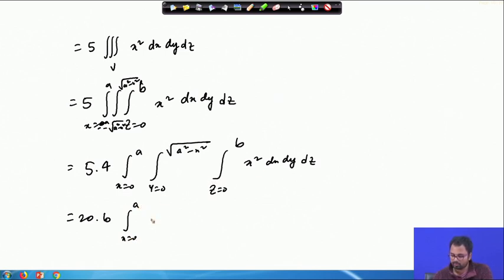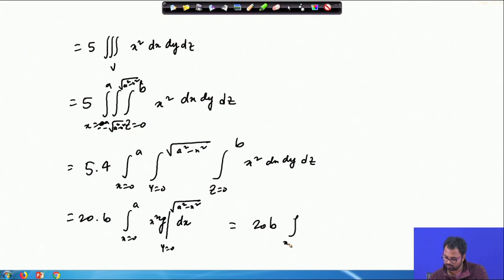If we integrate with respect to y, then this will be x square y, times dx, and then y is varying from 0 to square root of a square minus x square, right, and then this will be 20 b times the integral x running from 0 to a of x square times square root of a square minus x square, and then the second limit is 0, times dx.